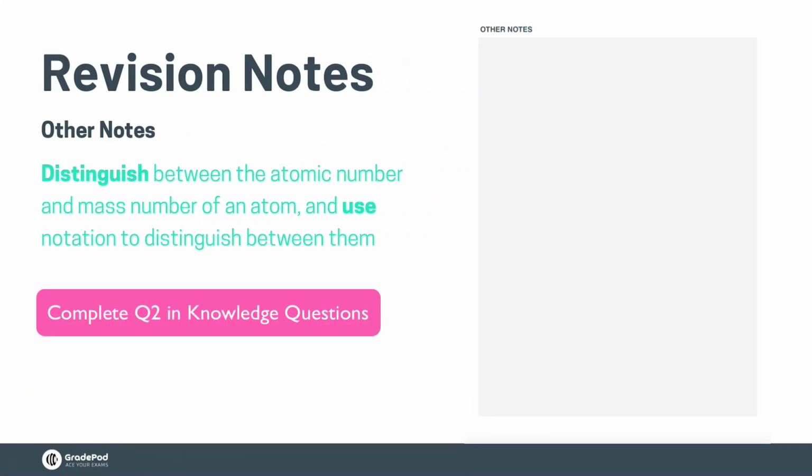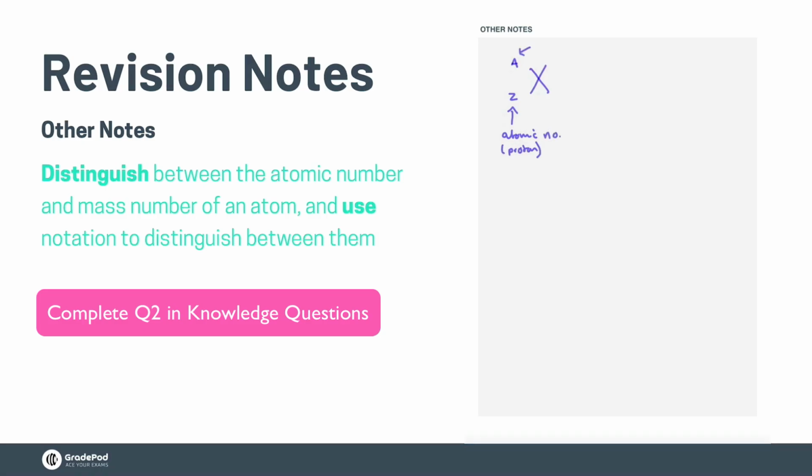So we go to our revision notes, and we want to write in our revision notes how to distinguish between the atomic number and mass number of an atom. We'll write that down as our atomic number, or the proton number.